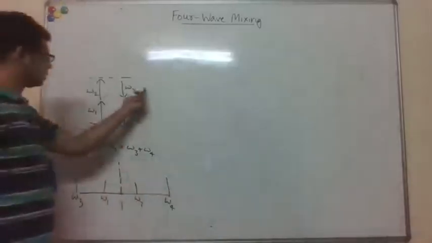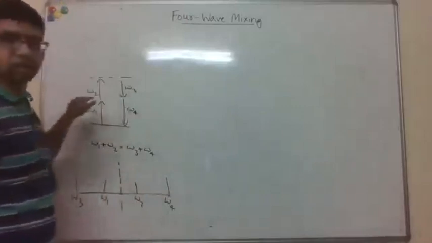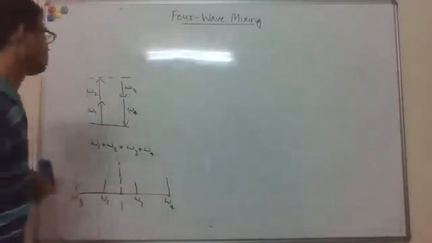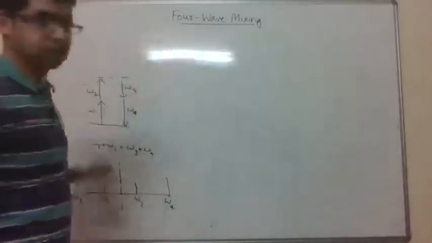Now, some of these frequencies, depending on the interaction, could be the same. In the most general case, all four are different, but you could have two of them the same, or we'll consider a case just now where all four are the same.